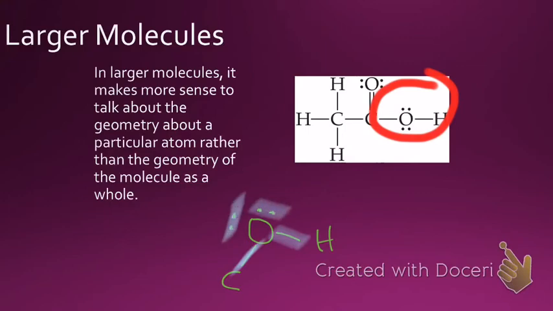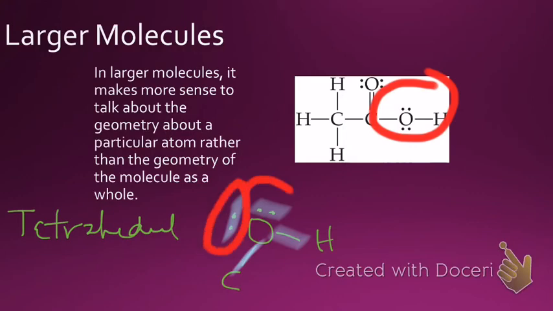So the electron domain geometry is tetrahedral. But the molecular geometry is different, and that's because 2 of the electron domains are made up of lone pair electrons, so they don't count. So the actual molecular geometry around that is going to be bent, similar to what we see with water.